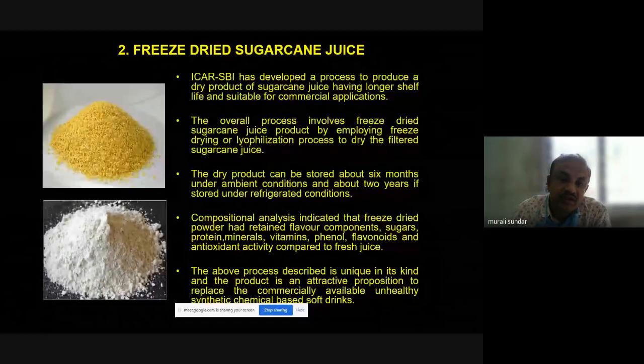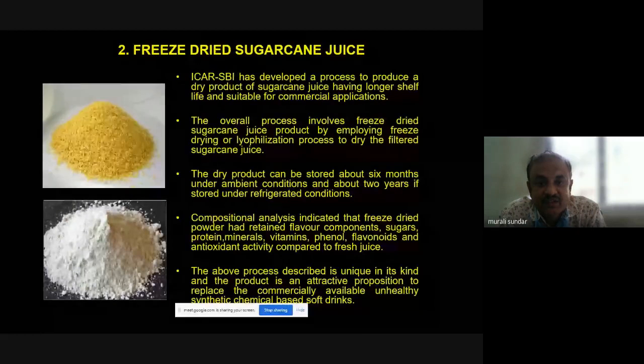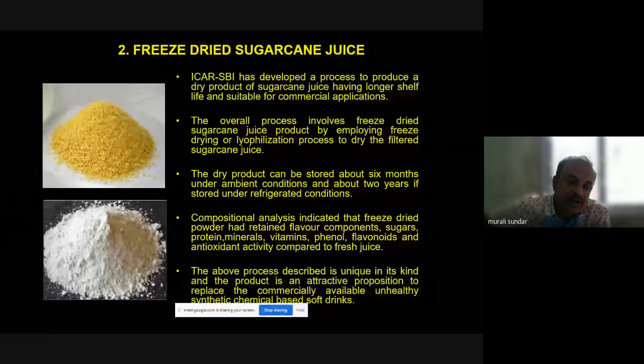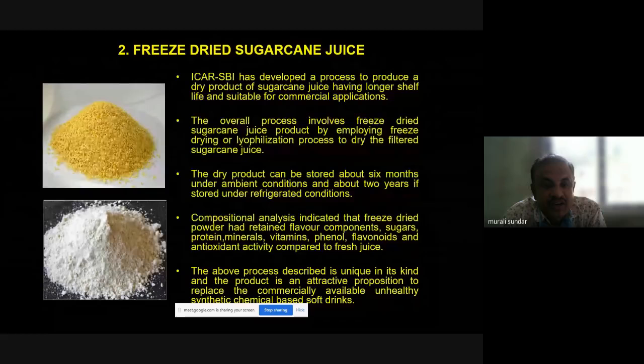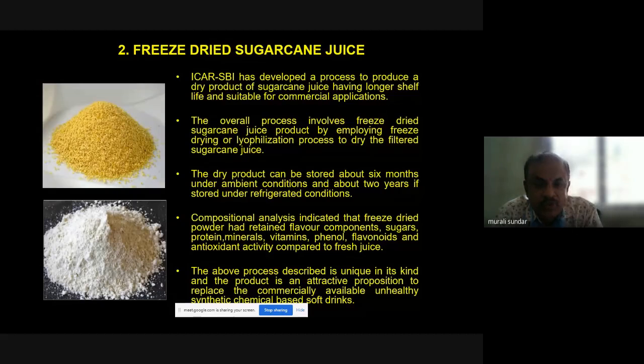Simultaneously, we have developed two technologies: spray-dried sugarcane juice as well as freeze-dried sugarcane juice. Compared to spray-dried, freeze-dried is a little costlier, so we have developed two types of product based on the necessity. If the sugarcane juice powder is used as an input for developing another product or as a constituent of any other product, the spray-dried powder can be used.